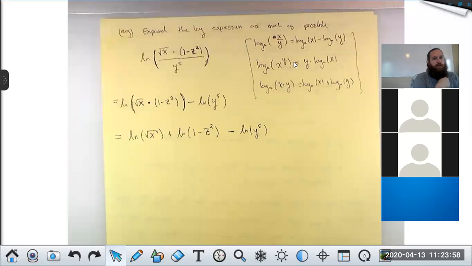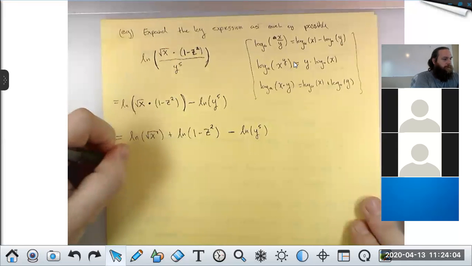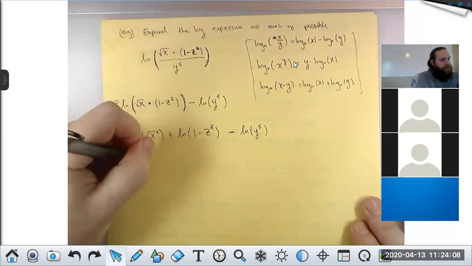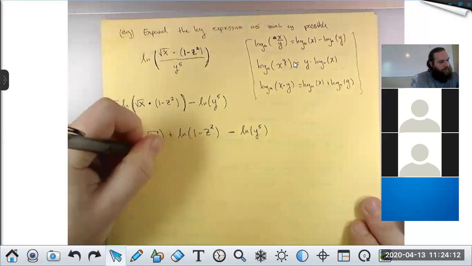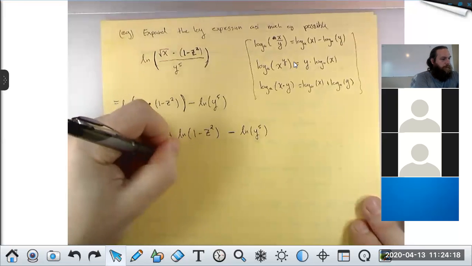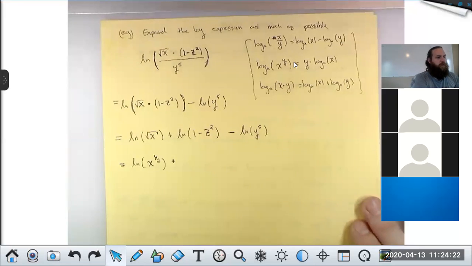Now there's a little bit more that can be done with each of these. This first guy, the square root of x, is the same as x raised to the 1/2 power. So I'm just going to clean up inside each of these logarithms a little bit. So that's a log of a power plus. The thing that we can do with this middle term is very subtle.